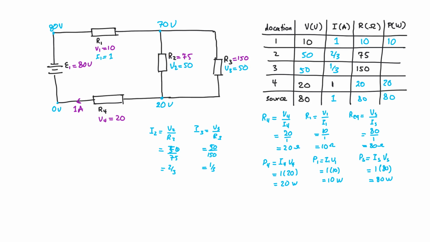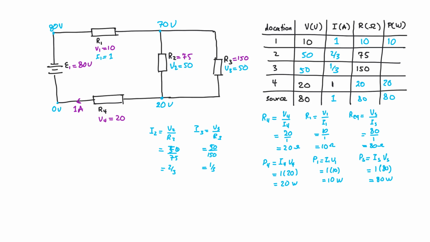There's more going through here than here, and we have to make sure that based on Kirchhoff's law of currents, values also hold out. Current coming in should equal the current going out. We got 1 amp here, which is equal to 2/3 of an amp plus 1/3 of an amp, which works out perfectly.